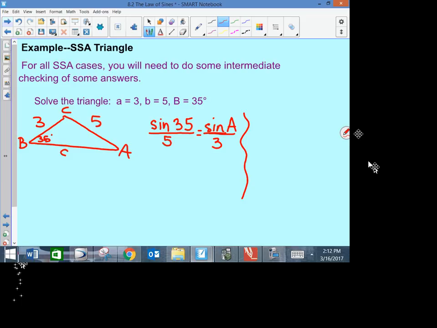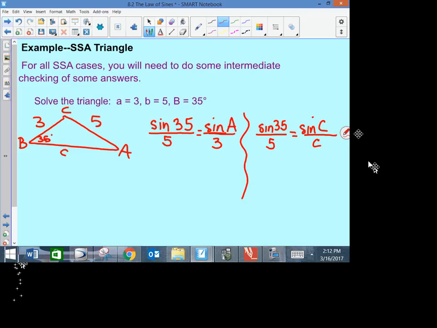Okay, very good. Give me the other one, Kara. Sine of 35 over 5 equals sine of big C over little c. Now, we clearly can't start here because we have two unknowns. Before, when we had two unknowns, we were able to fill in the one and then we were good to go. We can't do that now.